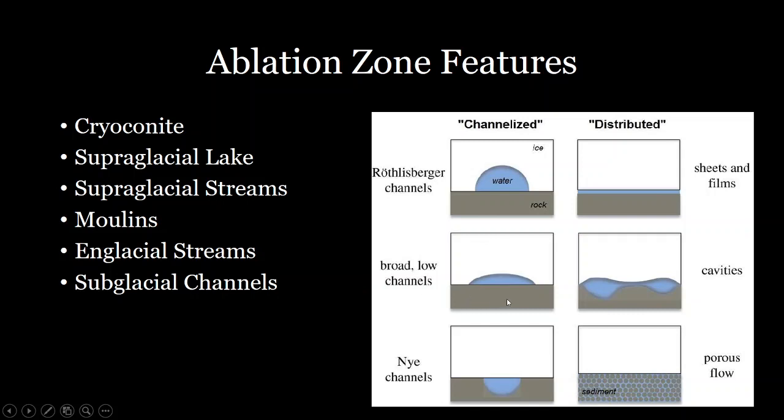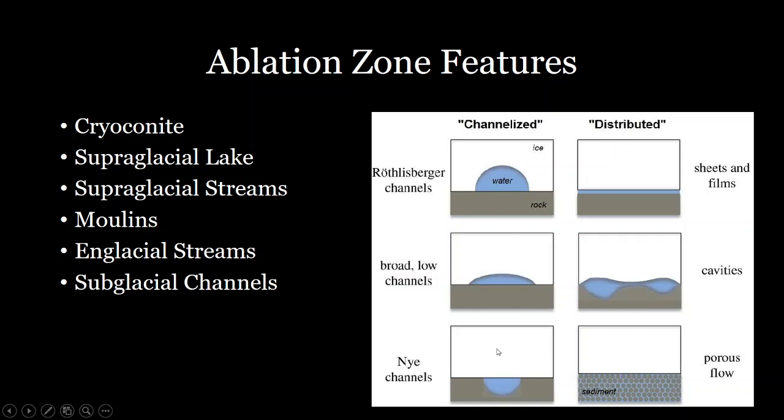Next, we can have broad or low channels. These are just kind of distributed channels that flow under a glacier but don't significantly carve out into the ice. We can have cavities, which is a series of pools that develop underneath a glacier. We have Nye channels.